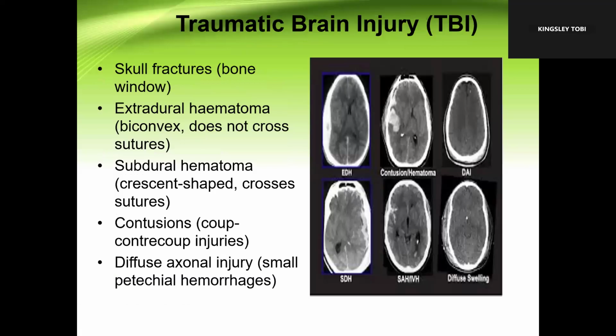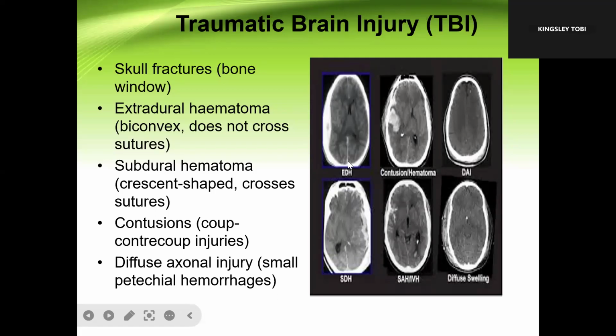Okay, so a patient with traumatic brain injury, there are so many things you can see, all right? You can see skull fracture if you look at the bone window, but remember I told you that you need to look at the symmetry. If it's a suture line, it's symmetrical, but if it's on one side, you can see the skull fracture.